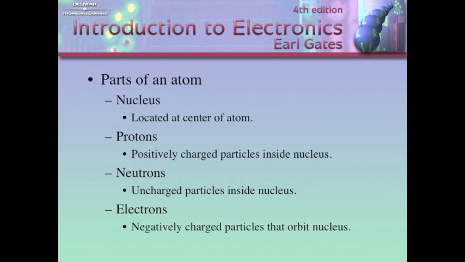Now, one of the things that I want to point out to you is this is the first reference to electricity that I've made, right? Positively charged particles for the protons. Electrons, negatively charged particles. Positive and negative is an attribute of electricity.